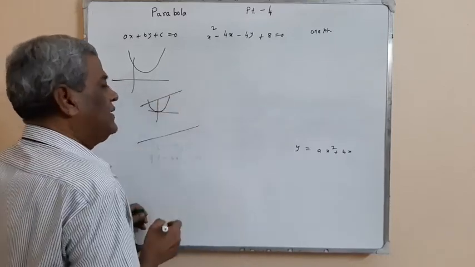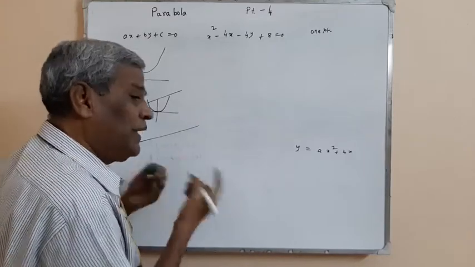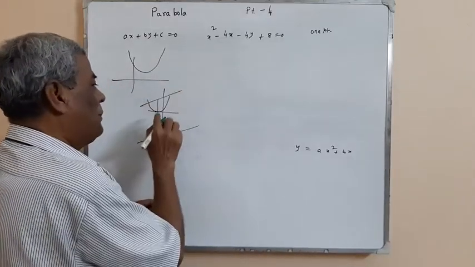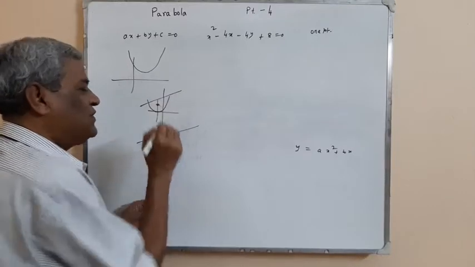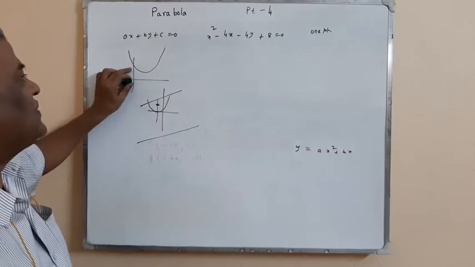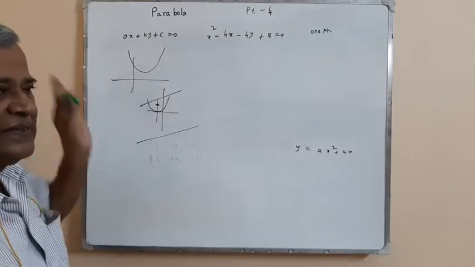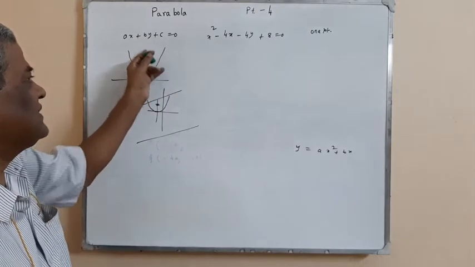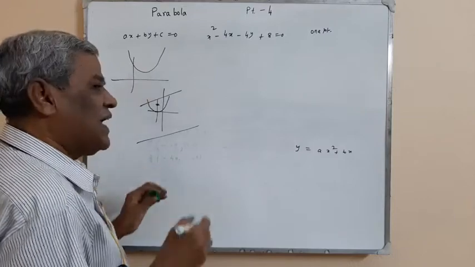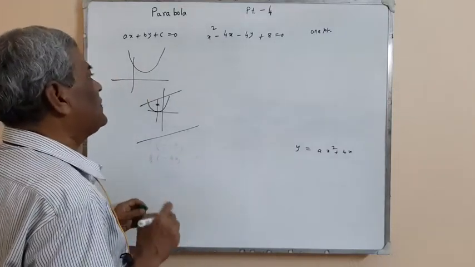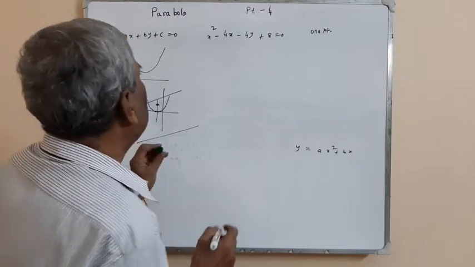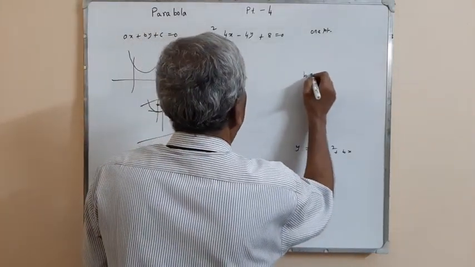It meets at 1 point if the straight line is parallel to the axis of the parabola. Here the axis of the parabola is the y-axis. So a straight line will meet this at only 1 point if the straight line is parallel to the y-axis, that is, if b is equal to 0.